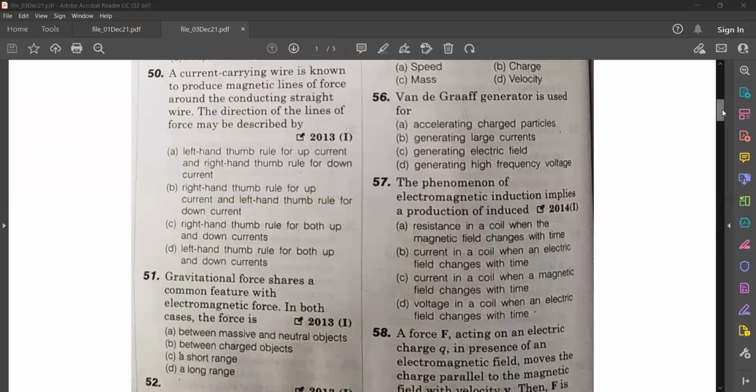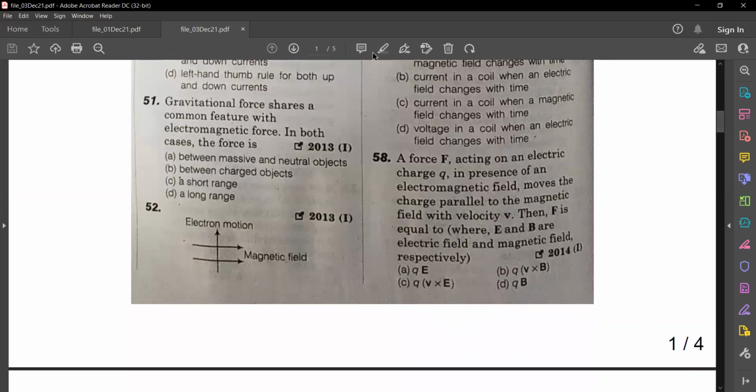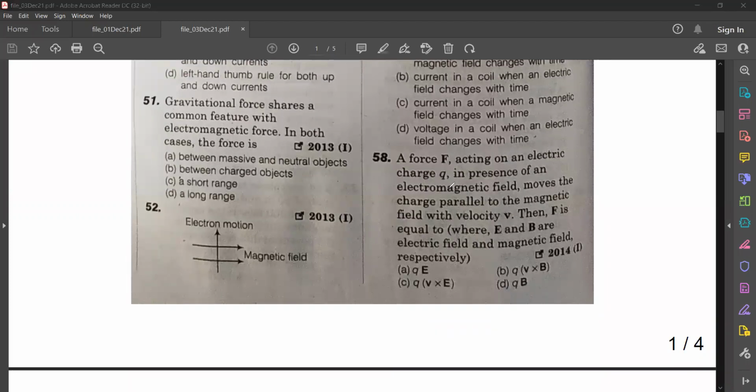Next is question number 58. A force F acting on an electric charge Q in the presence of an electromagnetic field moves the charged particle parallel to the magnetic field with velocity v, then F is equal to, where E and B are the electric field and magnetic field respectively.